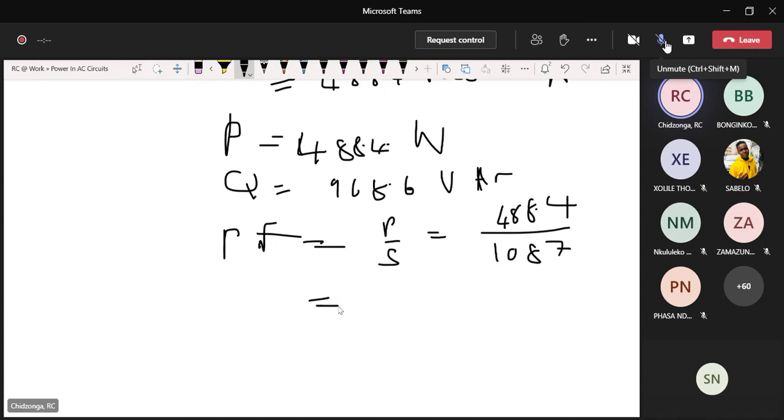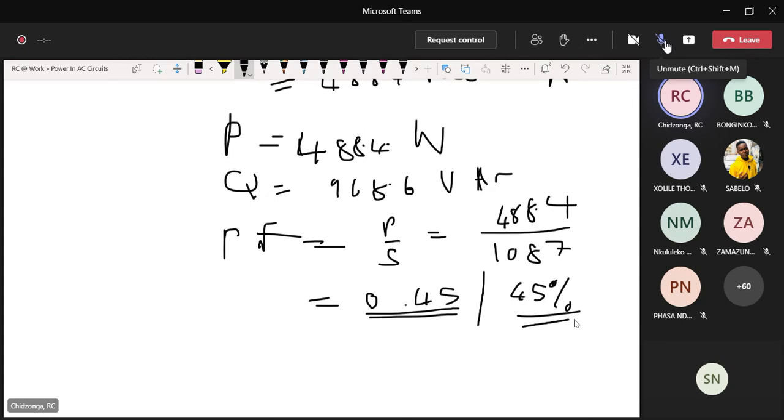Divided, that will give you 0.45, or we can say 45%. We can express power factor as a decimal fraction like this, or in percentage.